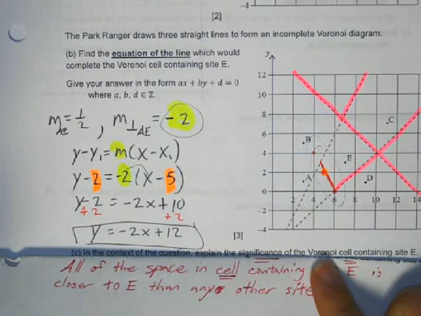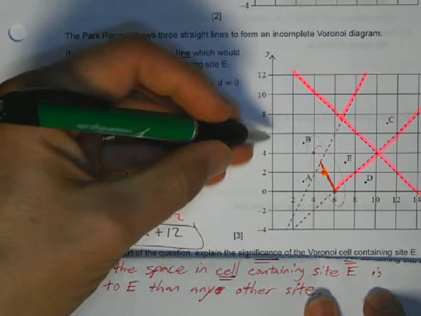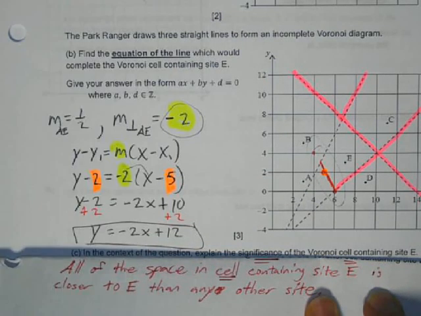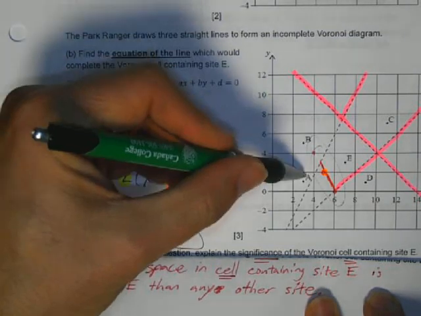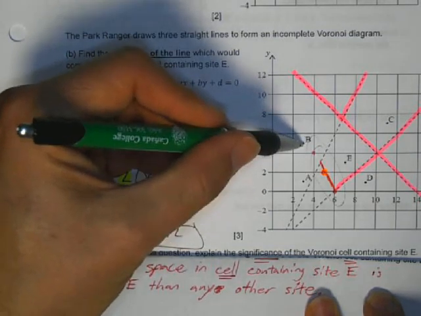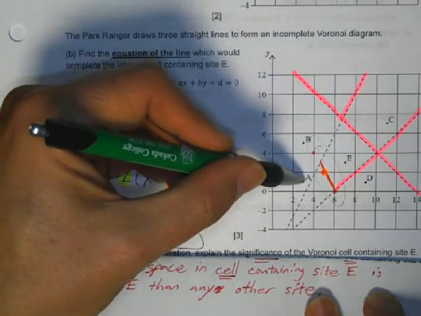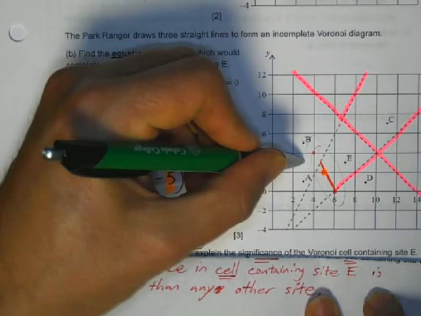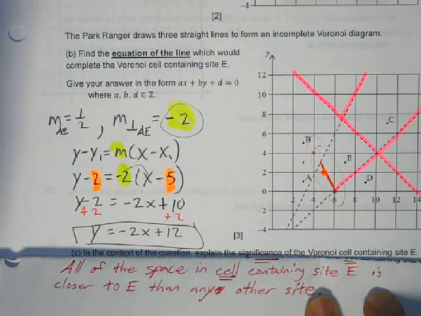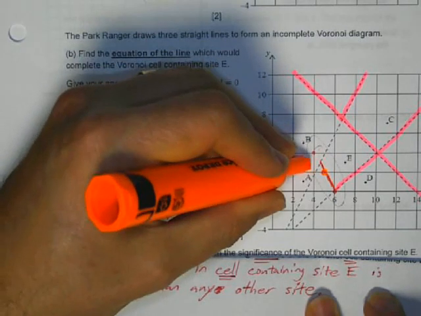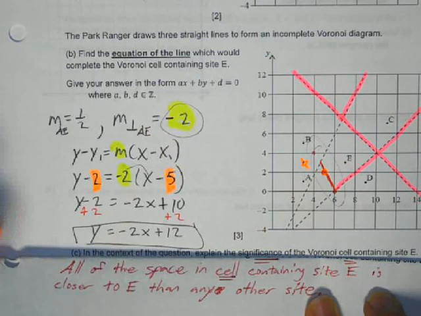Now, they didn't ask you to do this, but if I wanted to draw the boundary line between A and B, halfway between 5 and 1 is going to be right there. And that's a horizontal line.